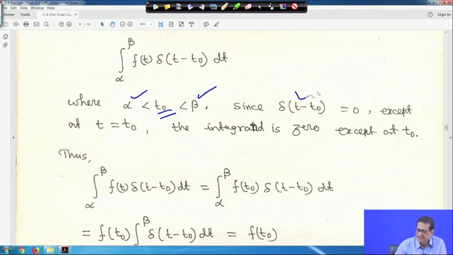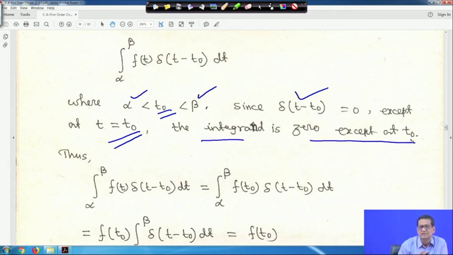Since delta t minus t 0 is equal to 0 except at t is equal to t 0, where it is undefined, as we just saw, the integrand is 0 except at t is equal to t 0.